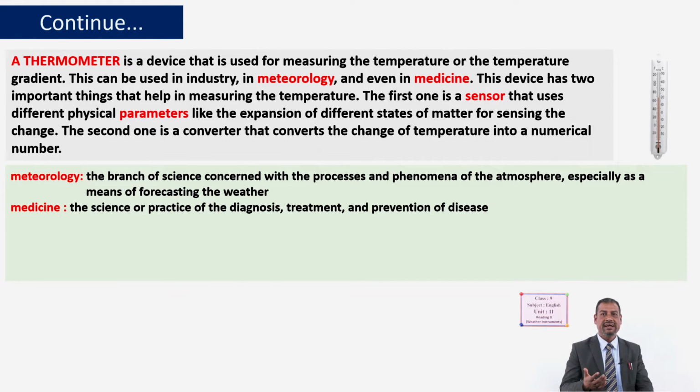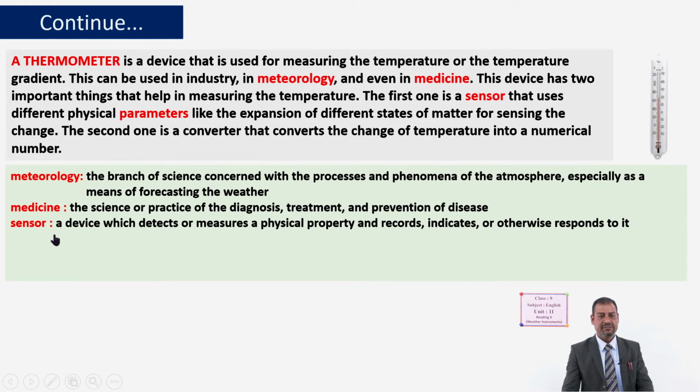Okay, don't worry, I am here to support you. Sensor means a device which detects or measures a physical property and records, indicates, or otherwise responds to it. Okay, how do you pronounce it? Sensor. All of you pronounce it? Sensor. Good.